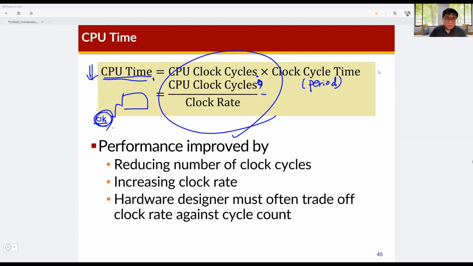Then how can we reduce this number? It's obvious. We can reduce the number of CPU clock cycles, or we can increase the clock rate. Then how can we reduce the number of clock cycles, or how can we increase the clock rate?